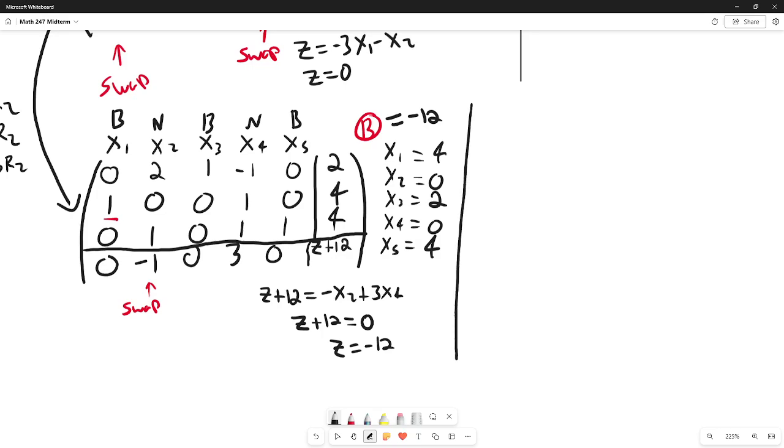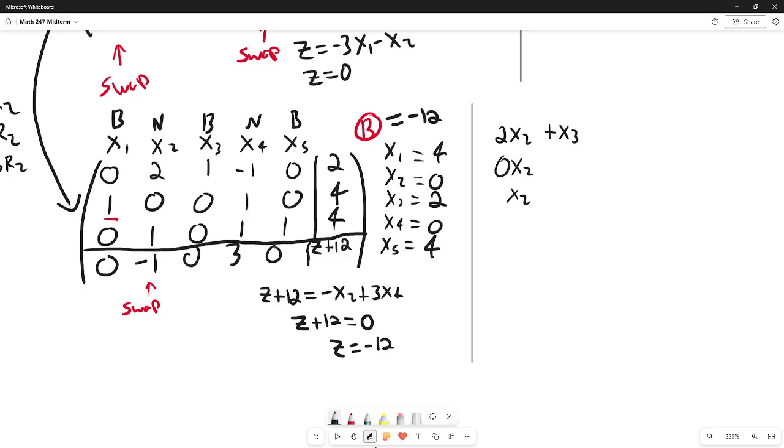All right, and then we have to identify, what basic variable is x2 going to swap with? Well, we have 2x2, 0x2, x2. This 2x2 is associated with this x3, so plus x3 is equal to 2.